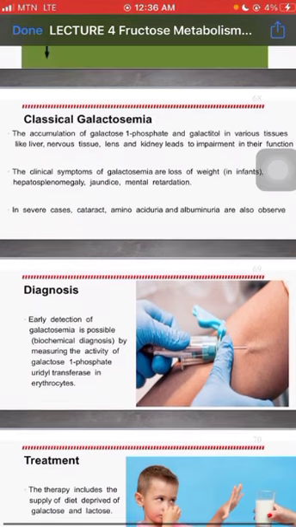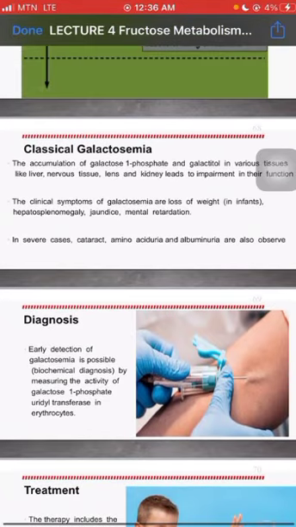Now let's look at another condition called classical galactosemia. This classical galactosemia can also lead to cataract. It's when you don't have one of the enzymes needed for galactose metabolism. Galactose is going to accumulate in the blood. And when galactose accumulates in the blood, we call that condition galactosemia. It becomes classical galactosemia. And this is an autosomal condition.